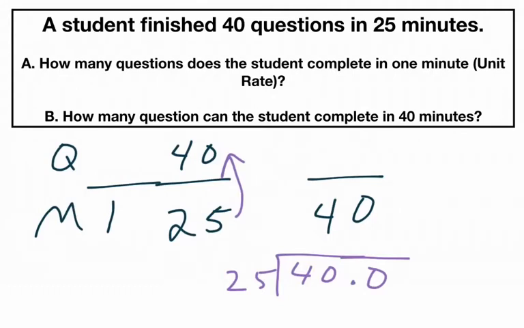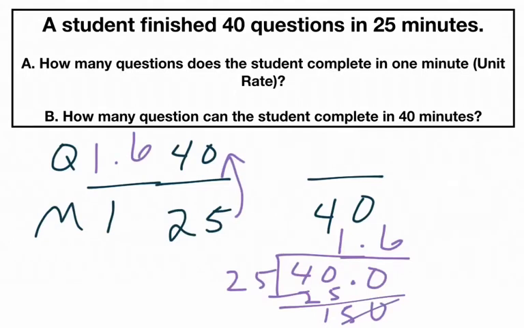When you divide 40 by 25, 25 goes into 40 one time, you end up getting 25. When you subtract, you get 15. Bring down the 0 is 150. And 25 goes into 150 6 times evenly. Okay, so this student answers 1.6 questions, and you can get a decimal when you do unit rate, 1.6 questions in 1 minute.